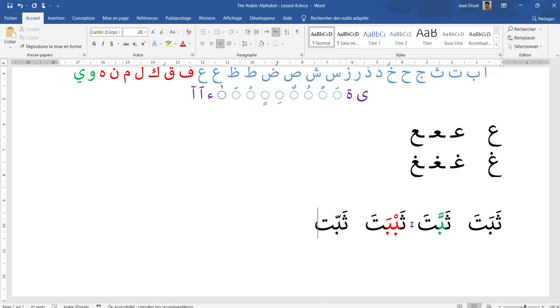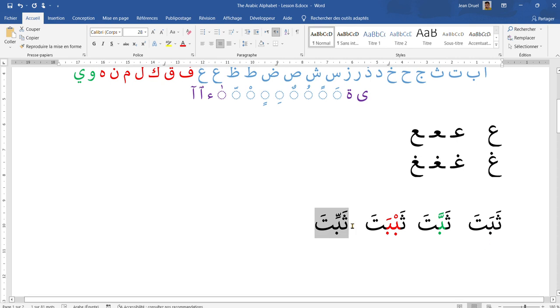One more thing, sorry, let's stay with this one. I said that the shadda is not a vowel, so I have thabbata, thabbuta, thabbita. And here there is a small trick. It's a matter of what font you use, but in some fonts the kasra will appear below the letter.